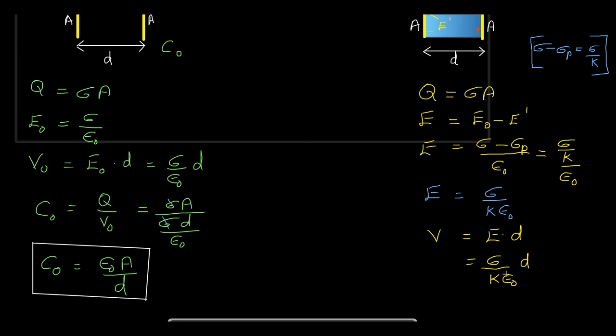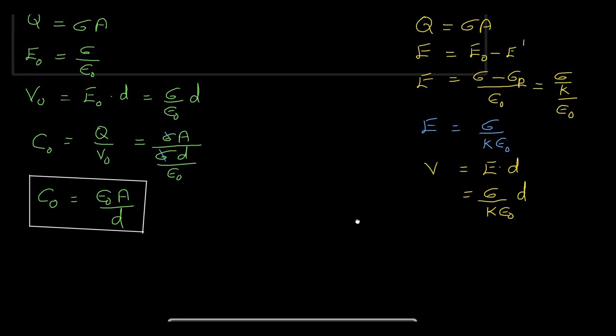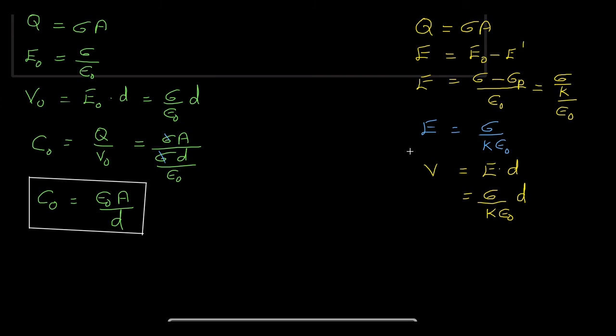So we got the potential difference across the plates. If so, we got Q and V, then what is the capacitance C? C equal to Q by V, that is sigma A divided by sigma d by K epsilon naught. Here also sigma gets cancelled out.